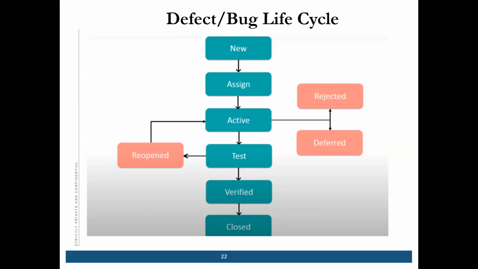Suppose I said you raised 10 defects in the previous build, then the developer has fixed all those defects and gave you the new build. At that time you will check whether the defects you have raised are working properly or not.